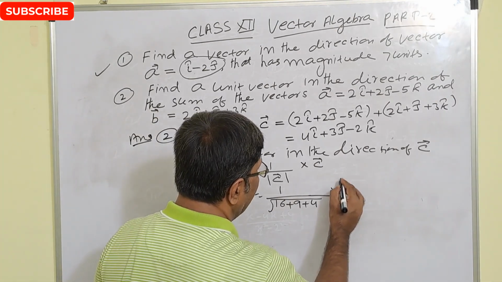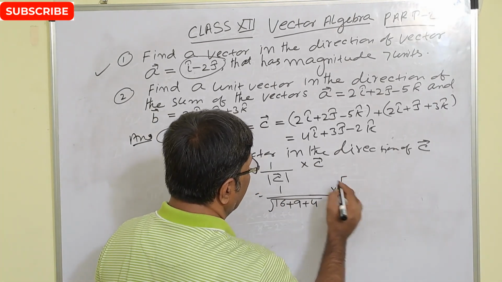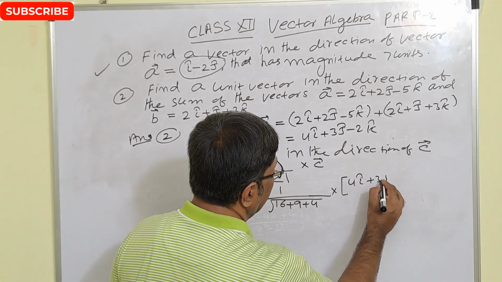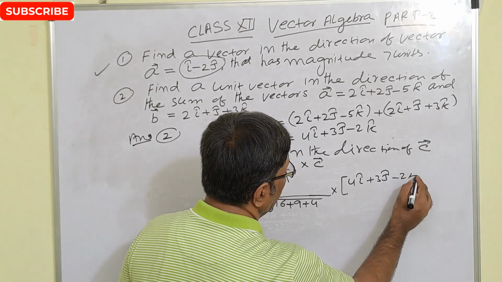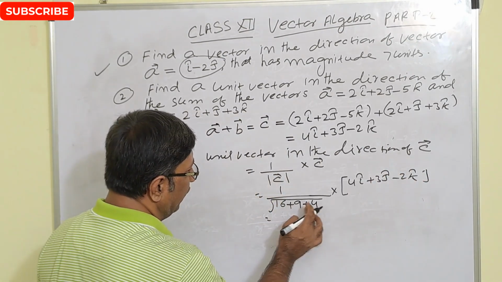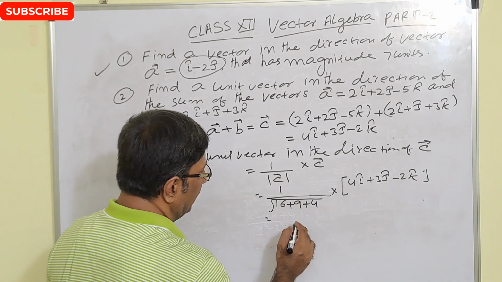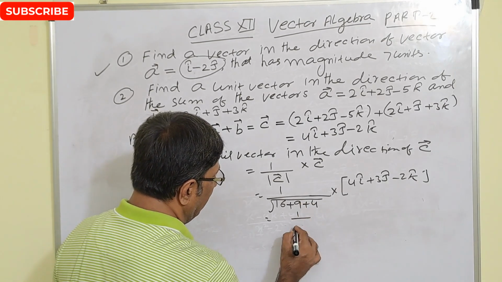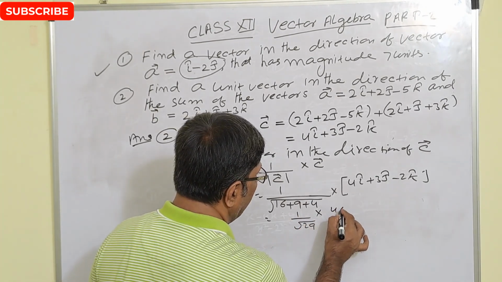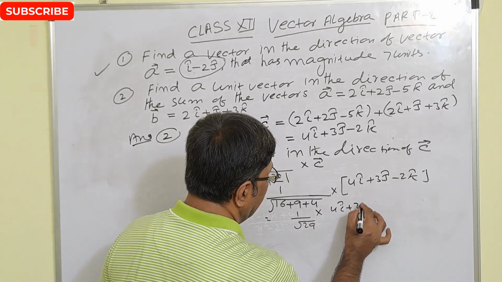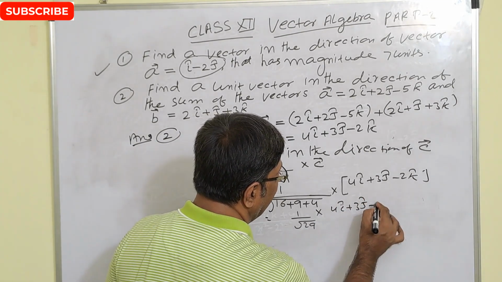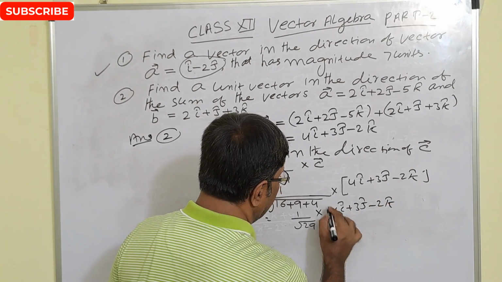Now multiply the C vector, which is given as 4 unit vector i plus 3 unit vector j minus 2 unit vector k. So this is 16 plus 9 plus 4, that is 29. So this is 1 upon root under 29, multiplied by 4 unit vector i plus 3 into unit vector j minus 2 into unit vector k.